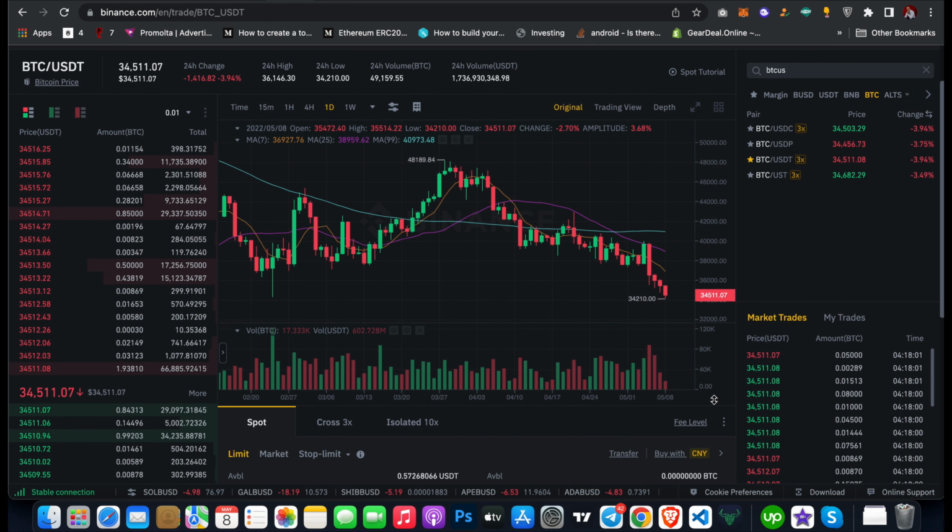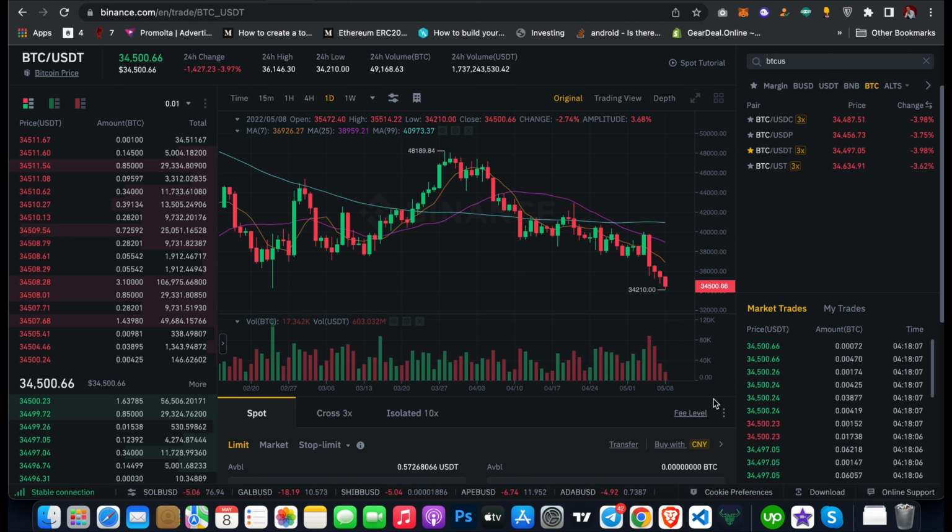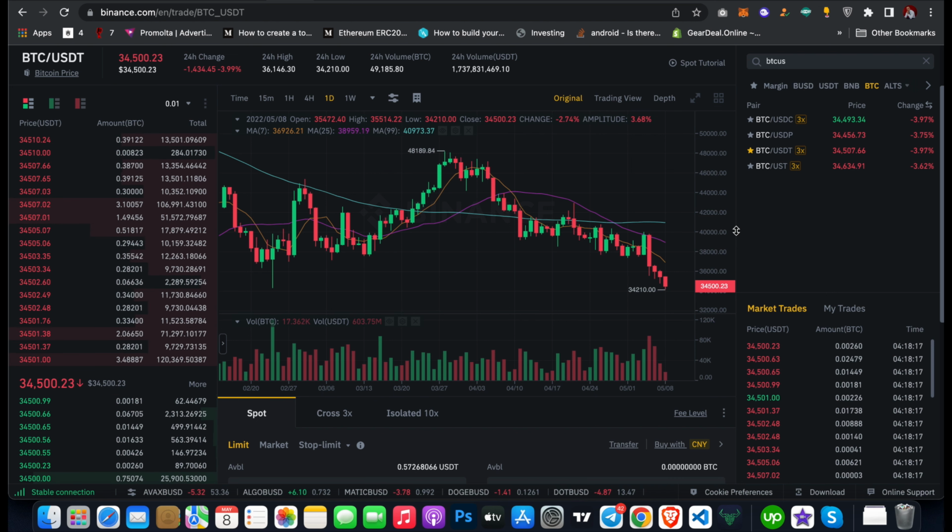But before you buy any crypto asset, make sure you do your own research and make sure that the crypto asset you're actually buying or putting your money into is going to move and is not a scam project. Because if you buy a crypto asset that on the long run is not going to be valuable, you might hold the coin and not be able to sell.